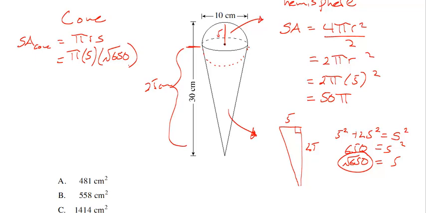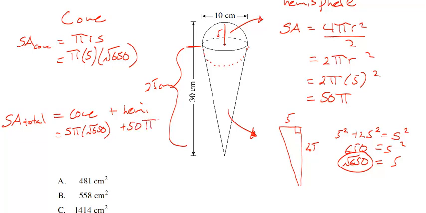Okay, so if we want the surface area total, it'll be one kind of thing we'll enter into our calculator. We have the cone, and we need to add it to the hemisphere. So I'll just leave cone plus hemisphere. The cone was 5 pi times the square root of 650, and the hemisphere we had was 50 pi.